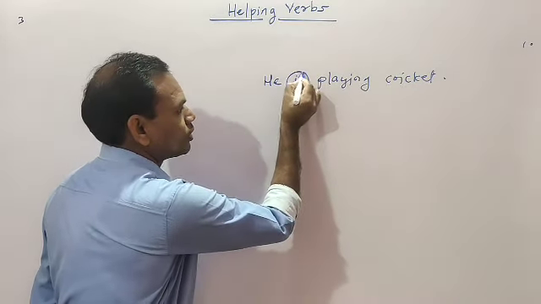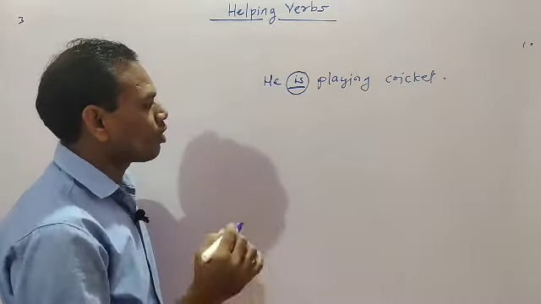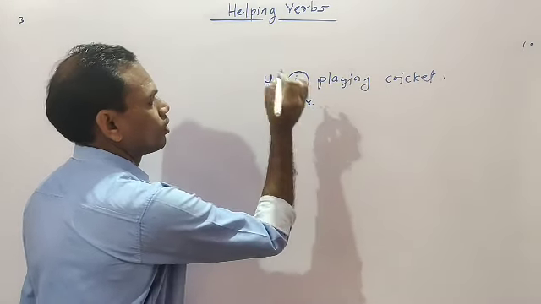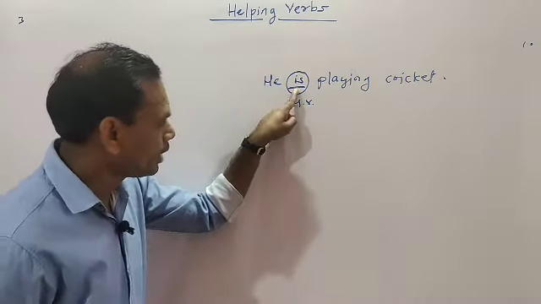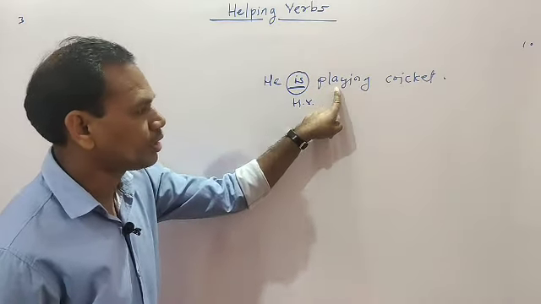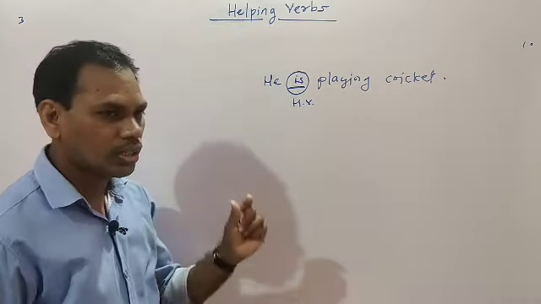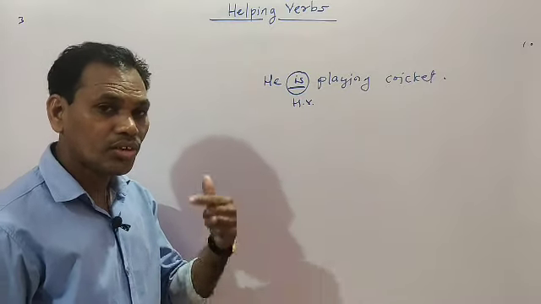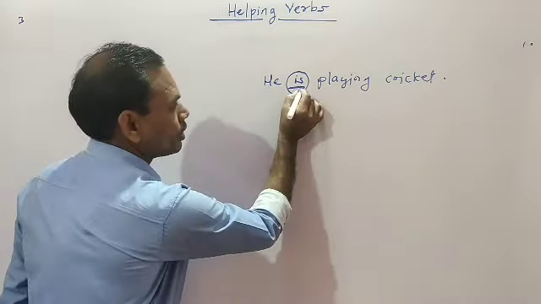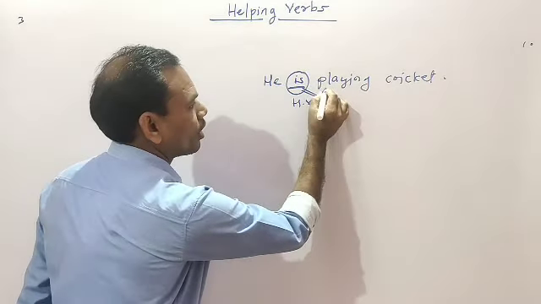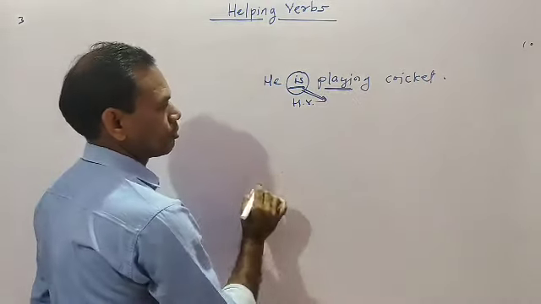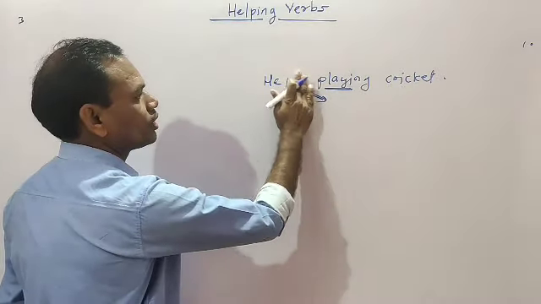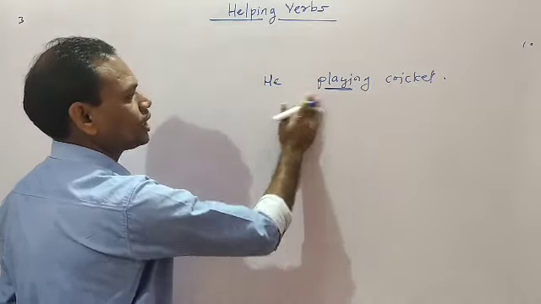Why is this word called a helping verb? Because the very word is helps the main verb play to complete the sense of the sentence, to complete the meaning of the sentence. Suppose I remove this is from the sentence.